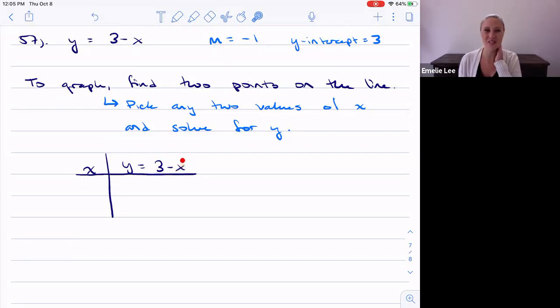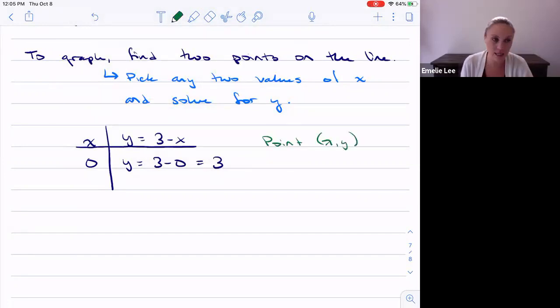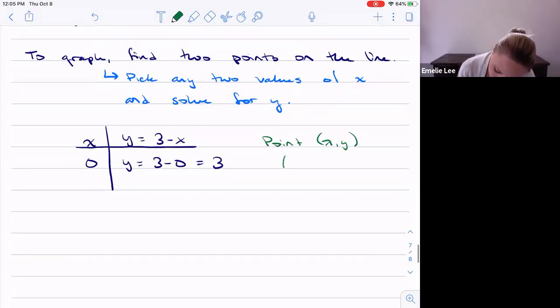So x equals 0 is a nice start. If x is 0, then y is 3 minus 0, which is 3. So my first point as an ordered pair is (0, 3).